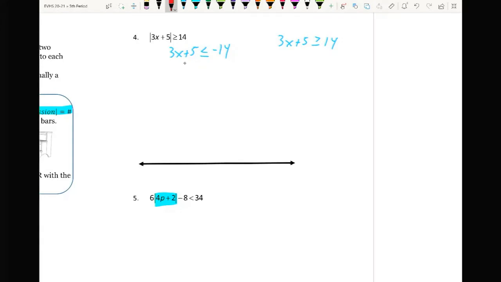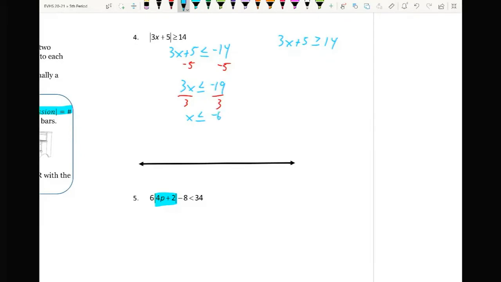Okay, now we solve. Negative 5 on both gives me 3x is less than or equal to negative 19. Divide by 3, x is less than or equal to, well, negative 19 thirds is not a nice number.